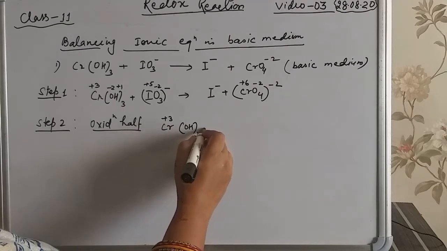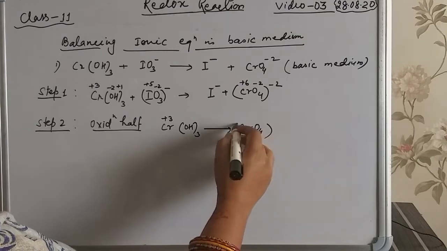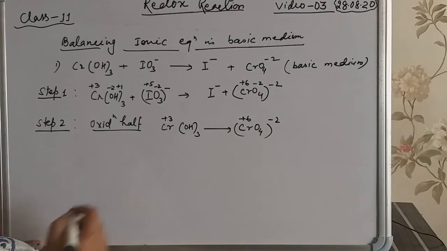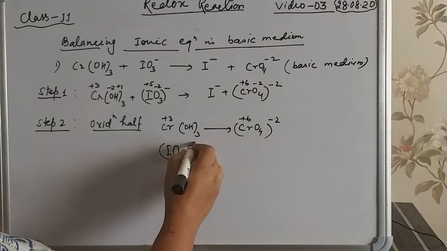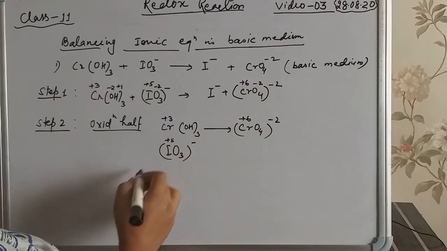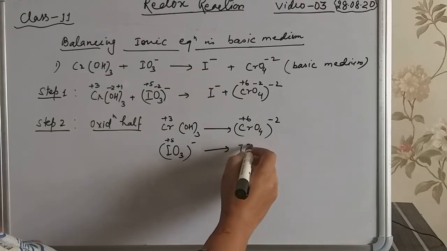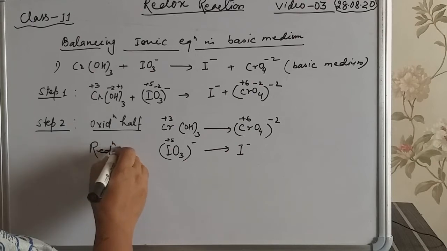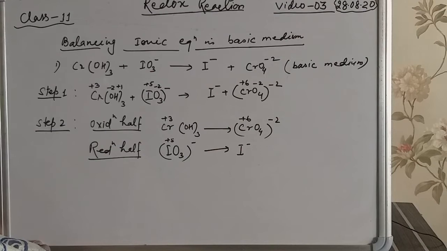Cr(OH)3 goes to CrO4 2 minus with +6 oxidation number. In IO3 minus, the +5 oxidation state of iodine goes to -1. This is the reduction half. So in the second step, we find the oxidation half reaction and the reduction half reaction.